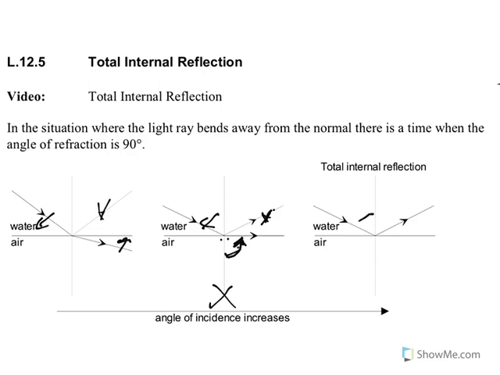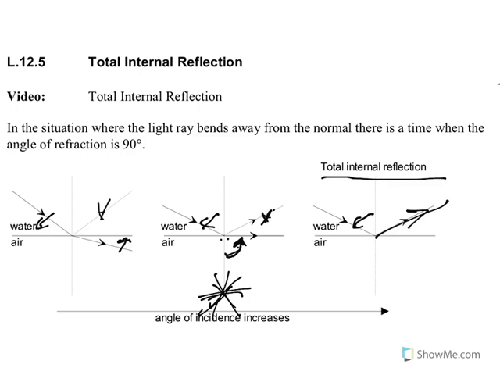Now if I increase that angle of incidence a little bit more, when it bends away from the normal, it can no longer bend into the air. So what happens now, it changes. And that's what I said in this middle diagram, that's the critical situation. All of that ray is now reflected. And that's what's known as total internal reflection.